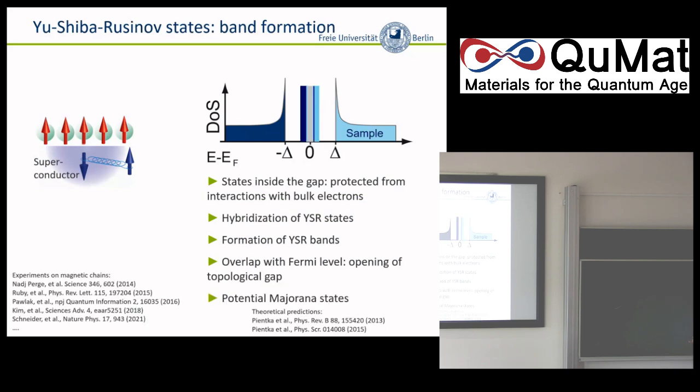Well, this has also been kind of interesting for topological states. So now before I was drawing you these two bands, they were separated at positive and negative bias voltage, but there are also theoretical predictions that if you design your bands such that they overlap at the Fermi level, then there could be the possibility that you have opening of a topological superconducting gap.